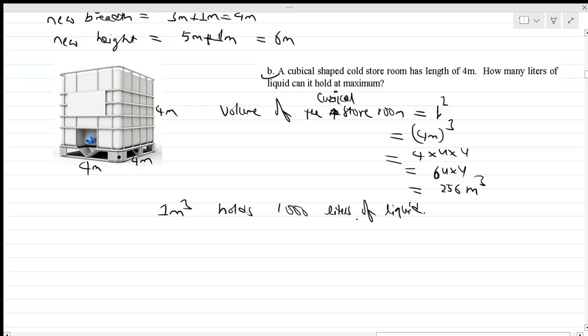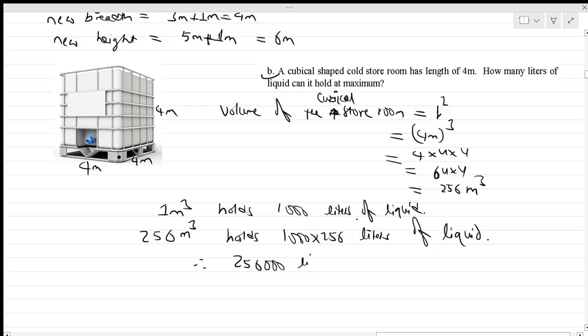Now we have 64 meter cube, so using the unitary method, 64 meter cube holds 1000 into 64 liters of liquid. So we get 64,000 liters of liquid. Therefore the required answer is 64,000 liters of liquid, which would be held by the cold storeroom.